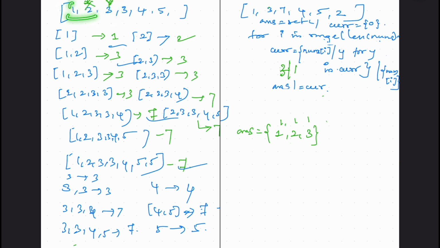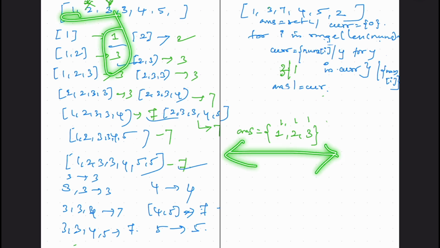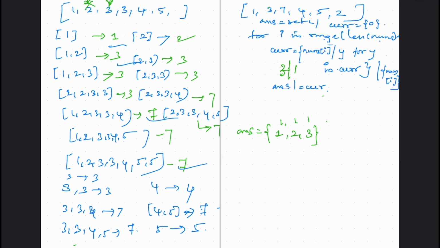Then 1 2 we would have already calculated and added in the unique set. So 1 2 3, even if it is repeating, we wanted only unique subarrays, so that's why we are just taking this XOR value in a set. Even though some arrays give us the same value, we don't need that. With this particular num, I am going to calculate the unique OR values that I got, and including this, whether I am getting any unique values.